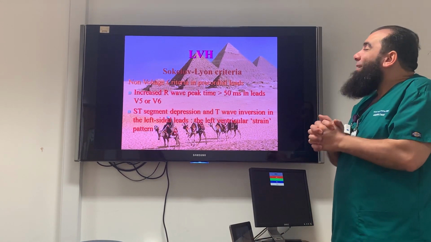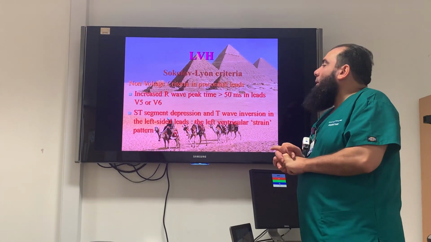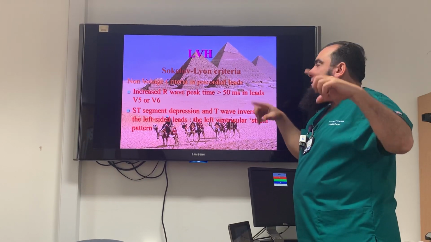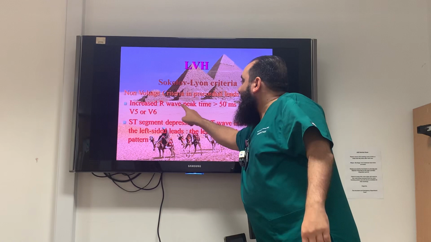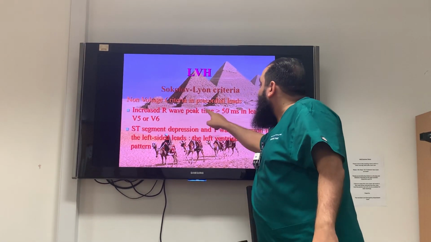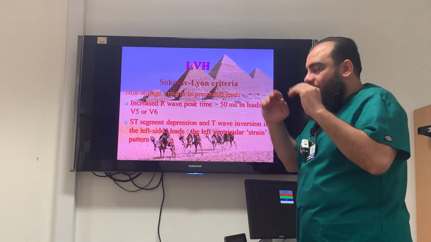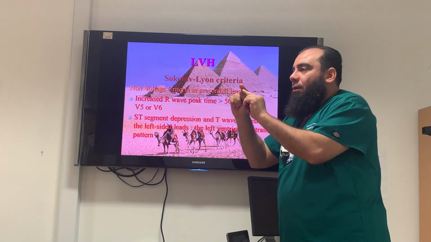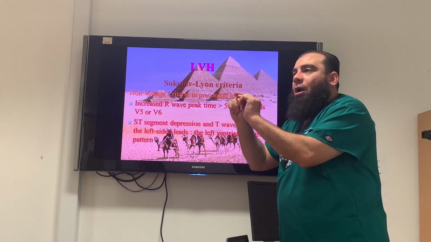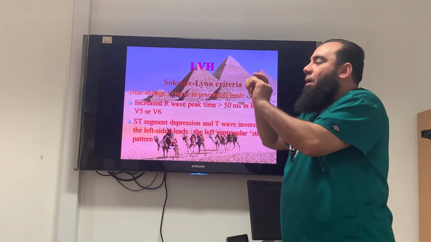Okay. Non-voltage criteria. It means we are not speaking about the voltage of the QRS, something else. It's very important. Increased R wave peak time, more than 50 milliseconds. I will explain it. The PR interval finishes, the R wave starts, isn't it?